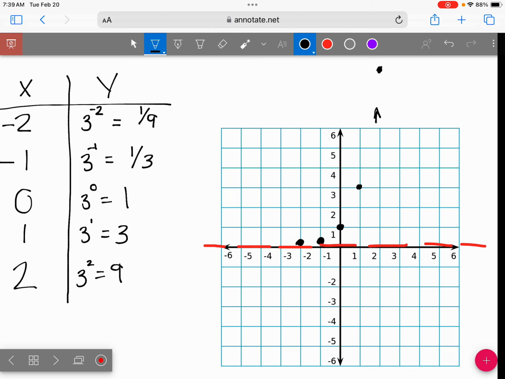So when we connect up these points, I need to not cross that line. It's okay to get a little closer than that. I don't like the way I did that. It's okay to get close to it, but we cannot cross it.